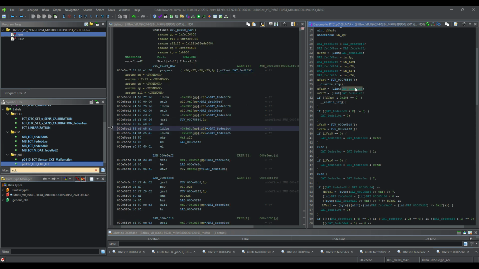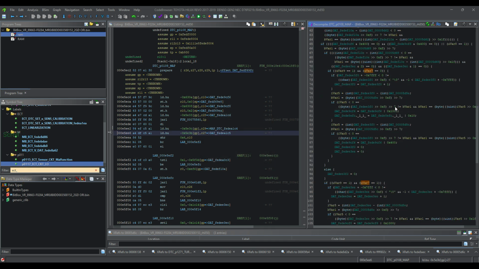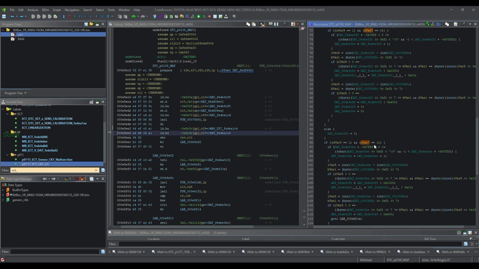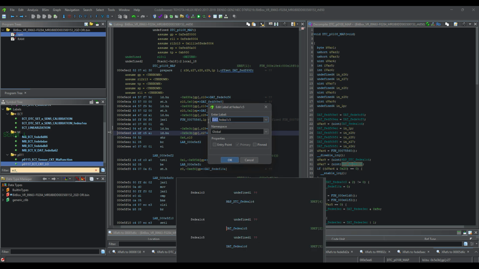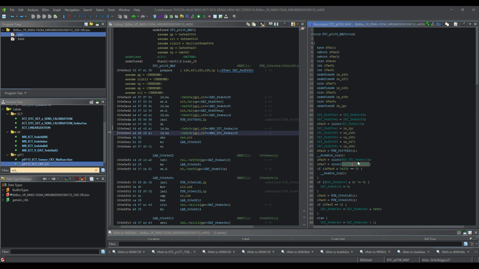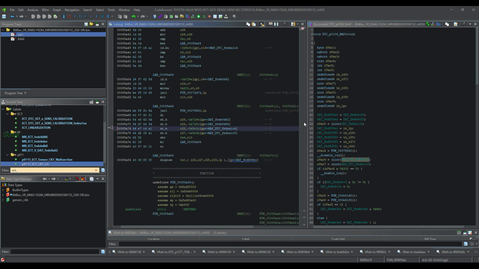Okay, and these look really promising. We're just going to call them map DTC and map DTC equal to 1. Yeah, we're going to call both these map DTCs, and then we're going to see what writes to these. Double click on those.